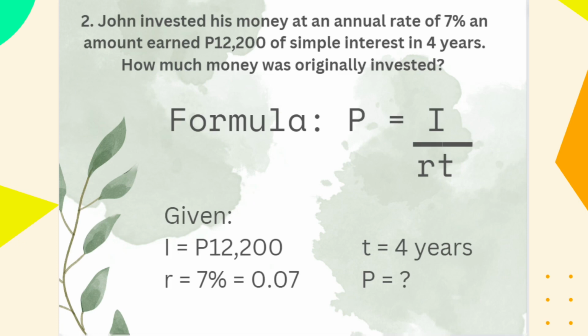We are using the formula P equals interest over rate times time. As you can see, we have the given I equals 12,200 pesos. Rate is 7%, which is converted to 0.07, and then the time is 4 years.